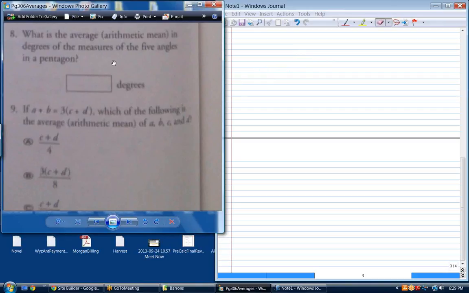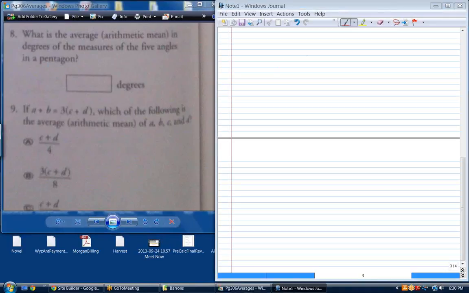Let me think about this for a moment. Yeah, let's do this one because this requires you to know the sum of the angles in a pentagon. It's 540. Oh, I thought it was 45.